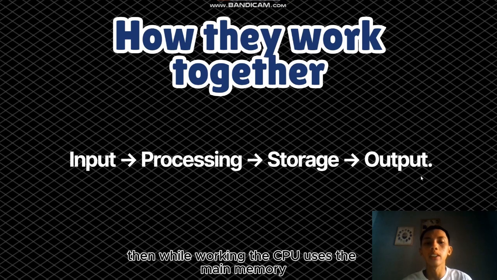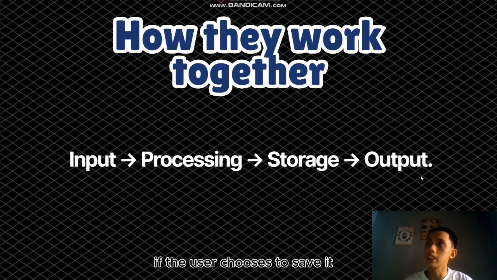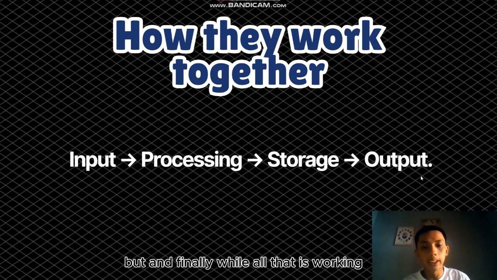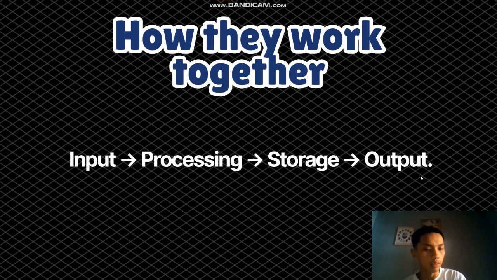While working, the CPU uses the main memory, or RAM, to temporarily hold the data and instructions. If the user chooses to save it, it will be stored in the secondary storage for long-term keeping. And finally, while all of that is working, the results are shown through the output devices.